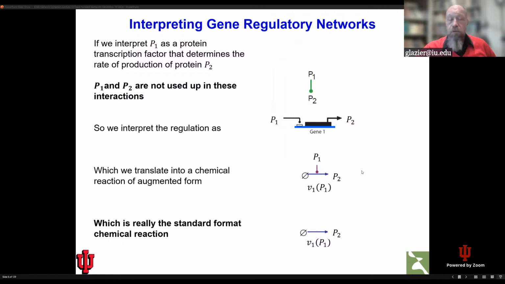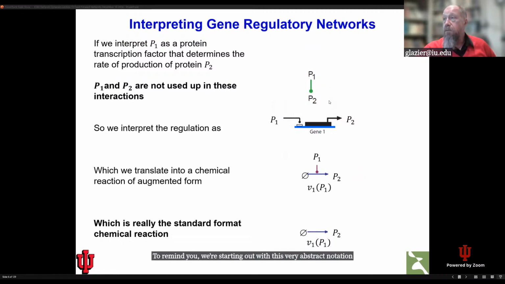To remind you, we're starting out with this very abstract notation. P1 does something to P2. If we're thinking of this as a gene regulatory network, we imagine, for example, P1 is a transcription factor for gene P2. So we'd represent that as nothing goes to P2 at a rate depending on P1.